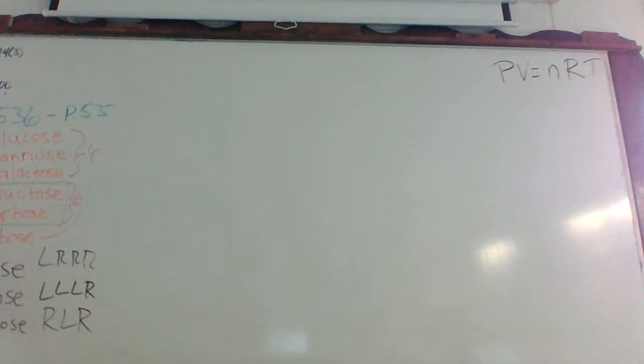Once you start throwing those factors in, you're going to confuse yourself. So R is 0.08. That's all we want you to know about R. Now, it's a little different if something is measured at STP, but not all gases are measured at that. And that's why we utilize the ideal gas law.